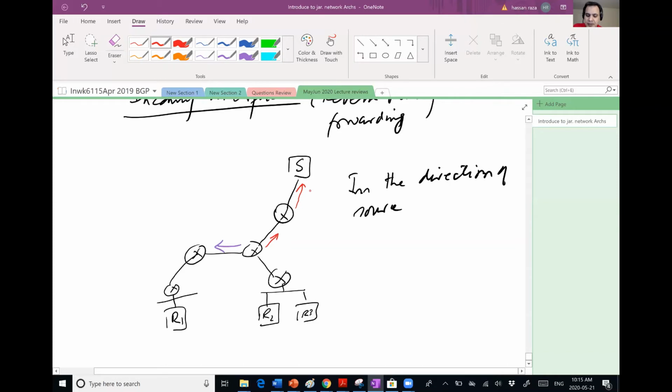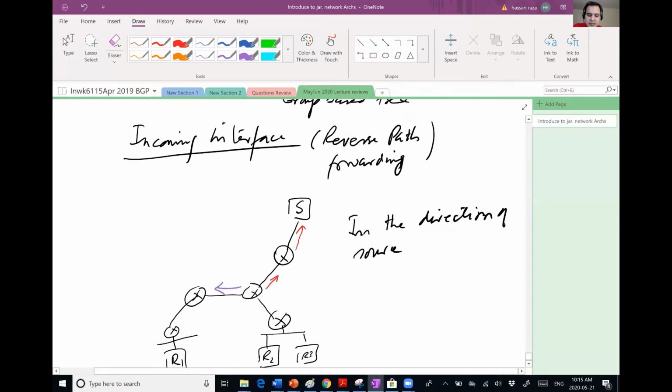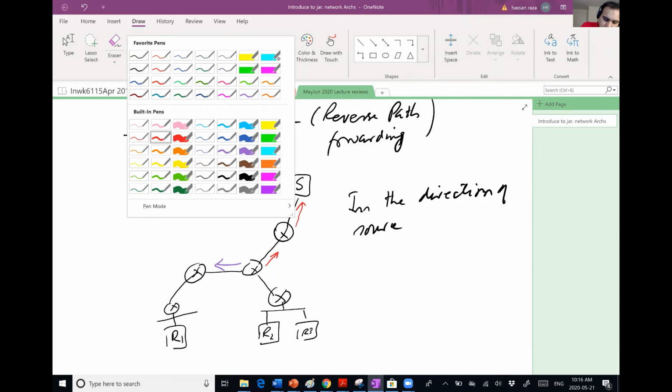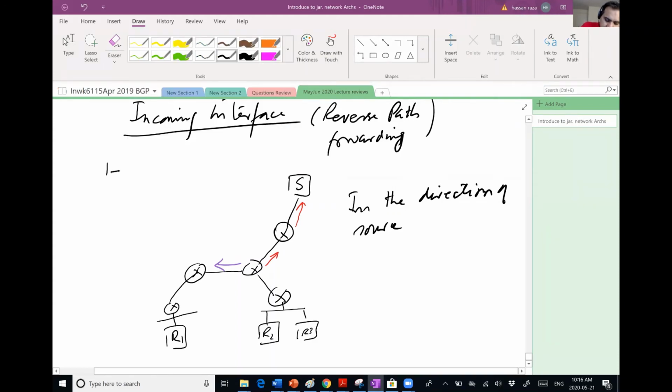So reverse path forwarding says, as part one, I want to go to source.